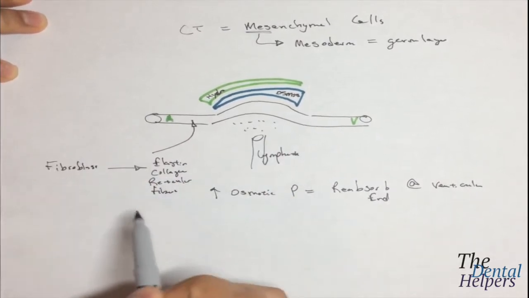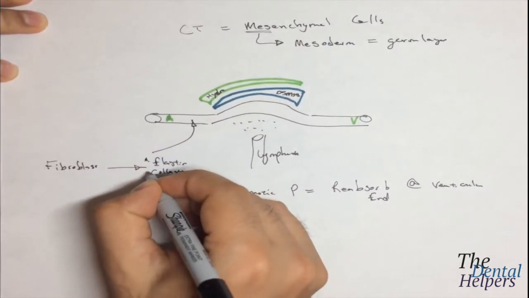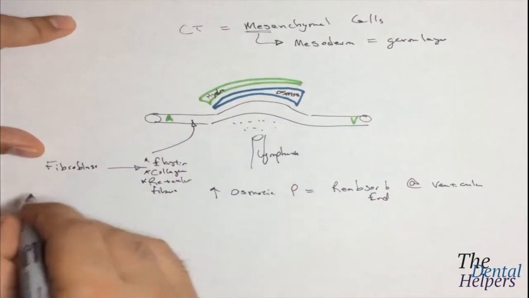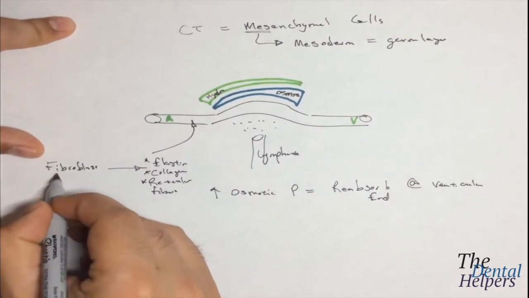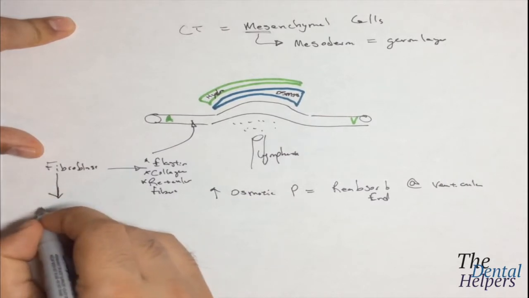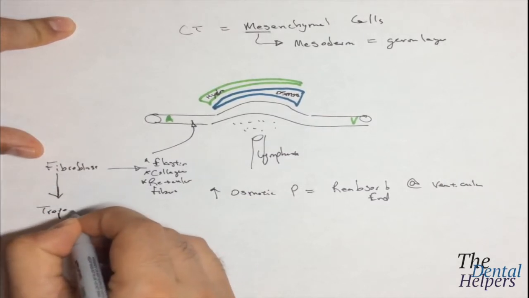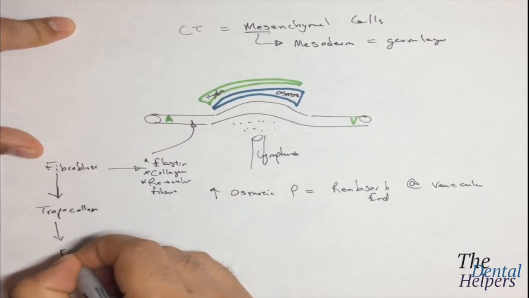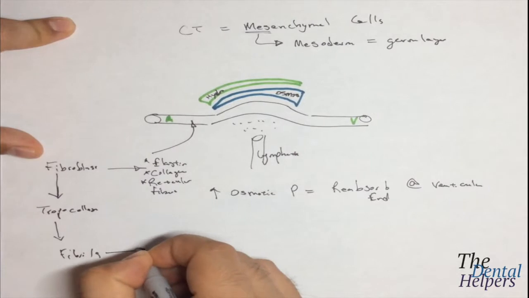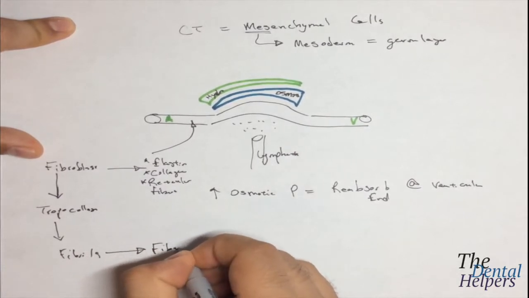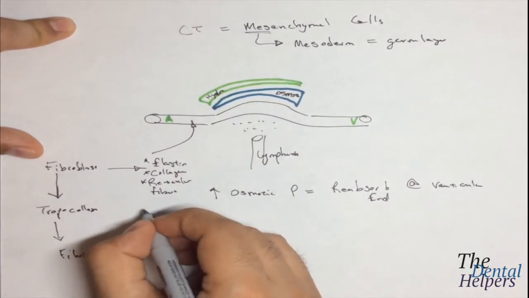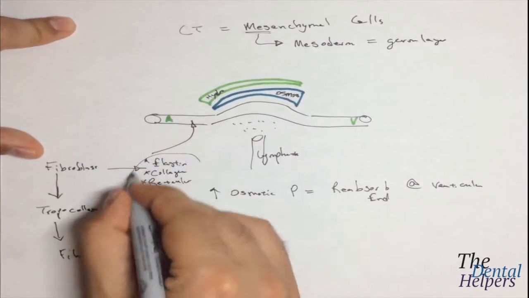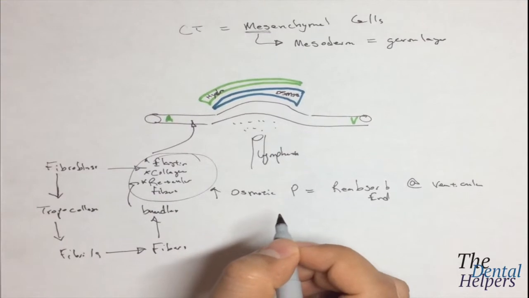And so this is the route it's going to produce these three items. And so that's the ultimate product. But in order to get there, it's going to first make tropocollagen, then fibrils, then finally fibers, and then bundles. And that's going to lead to making these fibers right here.